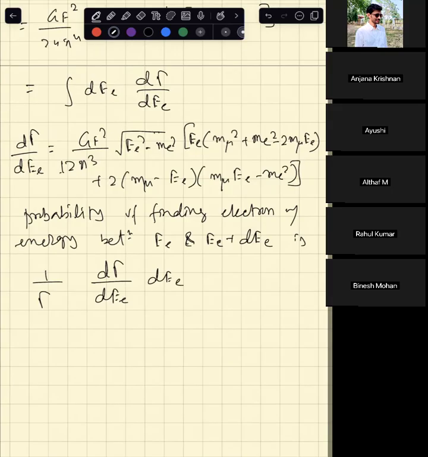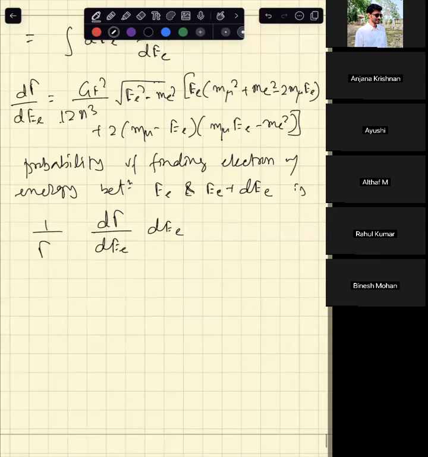So that's how we can calculate the total and differential decay width. This can be simplified further if we say that M_μ is of the order of 106 MeV, and M_e is of the order of 0.5 MeV.